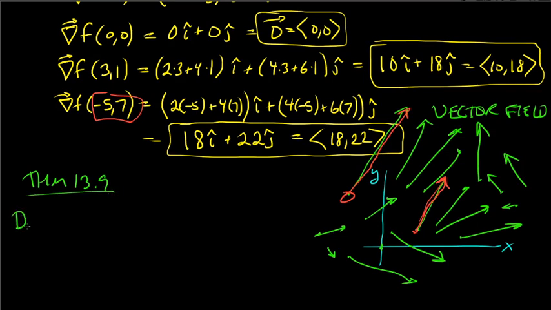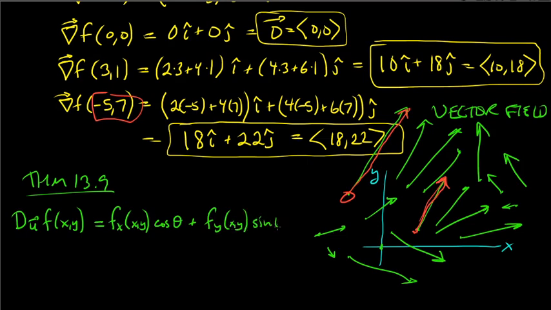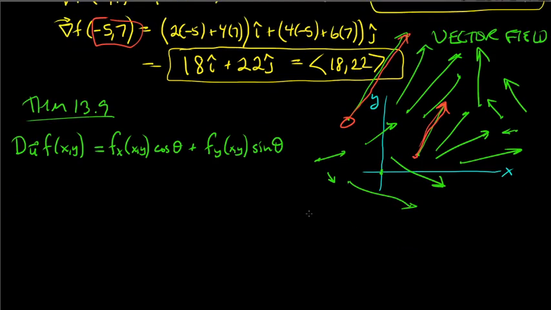So remember, we can calculate the directional derivative of a function in the direction u as the partial with respect to x times cosine theta plus the partial with respect to y of the function f times the sine of theta. Okay, so we can write this in a somewhat more convenient format.